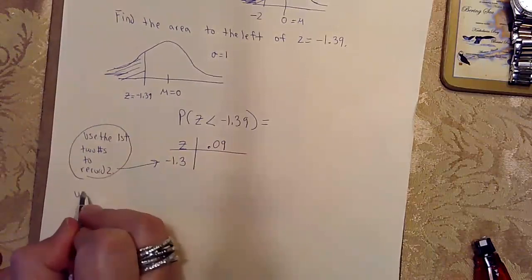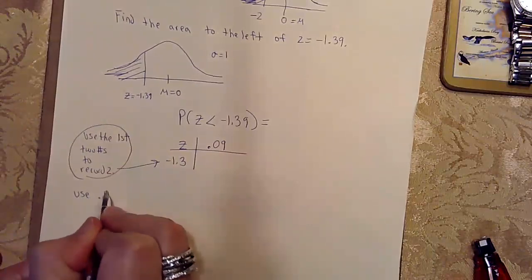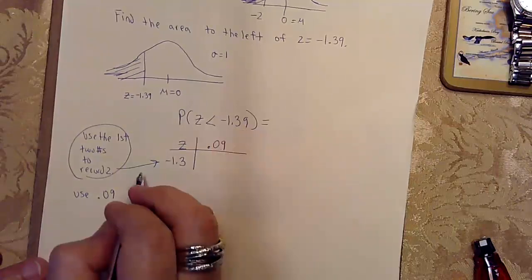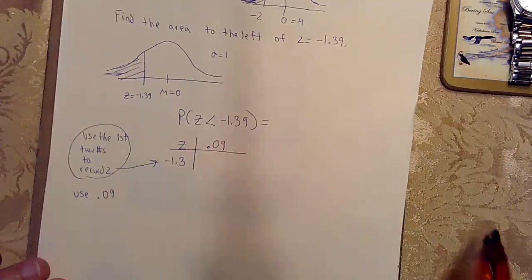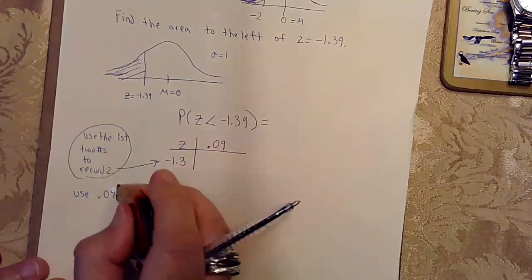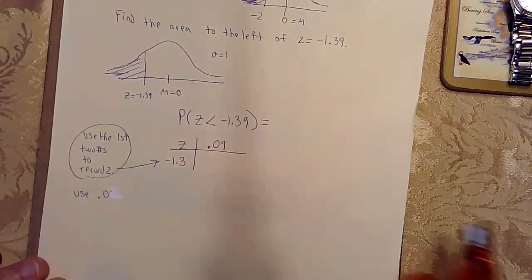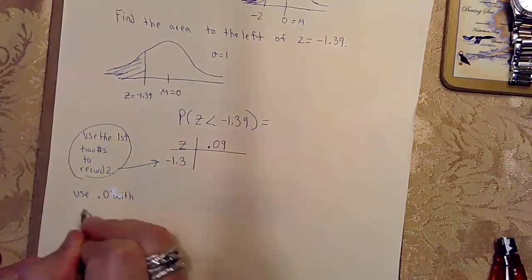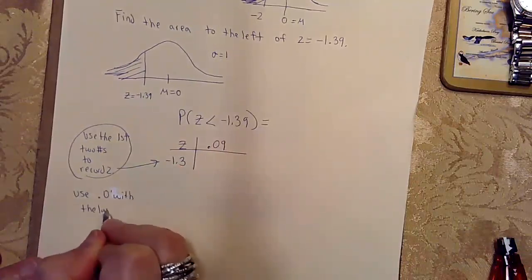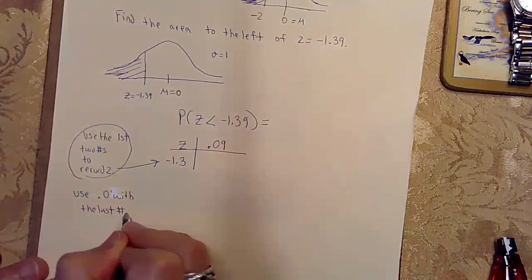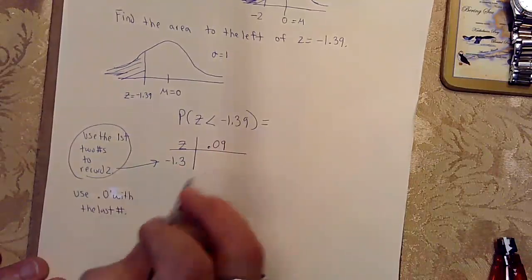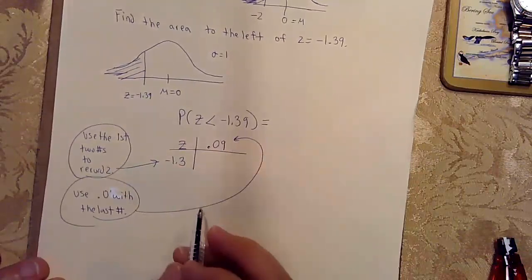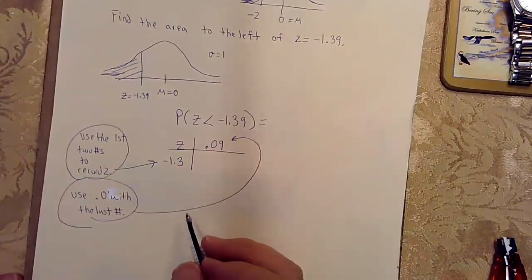And then we're going to use 0.09. Oh, I say use 0.0 with the last digit, with the last number. And that goes right here. And the last number was 9.